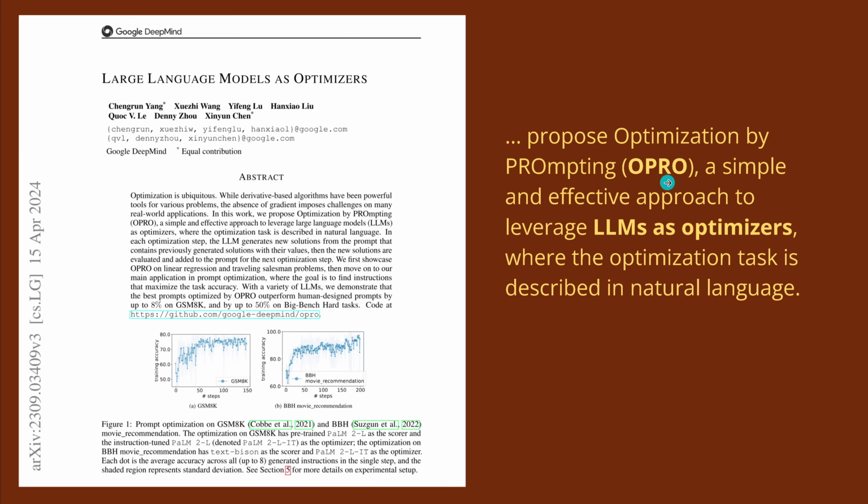A simple and effective approach to leverage here our LLMs, your GPT-5, your Grok 4 as an optimizer, where the optimization task is now described, careful, in natural language, in English, in German, in French, in Italian, in Spanish, whatever you like. Great. It couldn't be easier.